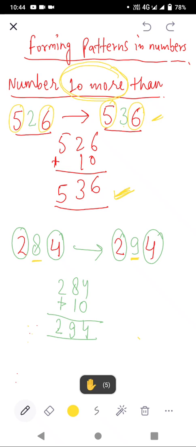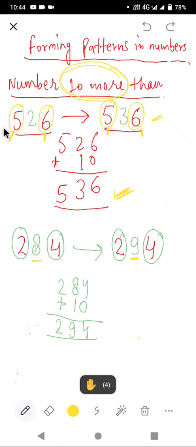So if you see the hundreds place digit in 526, 5 is at the hundreds place, and 6 at the ones place. And if you see the answer which is 10 more than, it is also having 5 at the hundreds place and 6 at the ones place.